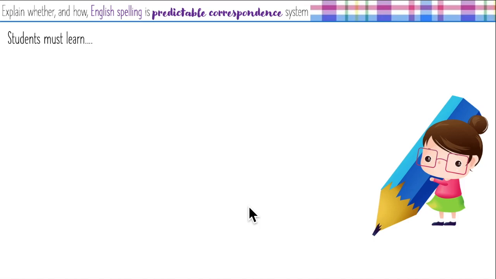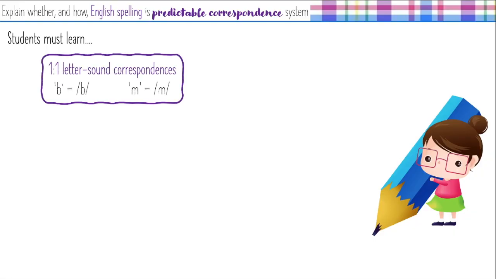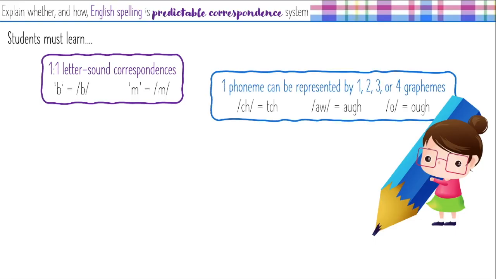Okay, so if we want to know that English is predictable, the first thing the kids need to know is that yes, we have one-to-one letter correspondences. This is kindergarten, right? About 50% of our language is going to be one-to-one. They can trust that. They need to know that one sound can be represented by 1, 2, 3, or sometimes 4 letters.